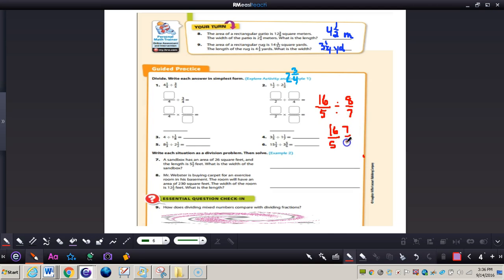That's 7 over 8. I'm going to multiply by that. You can simplify. 8 goes into 16 2 times, so turn that 16 into 2 and that 8 into a 1. Multiply now. 2 times 7 is 14. 5 times 1 is 5. And we can see, changing that improper fraction into a mixed number, 2 4/5 for number 4.